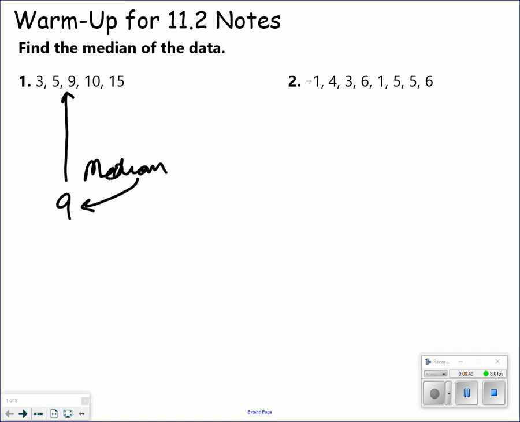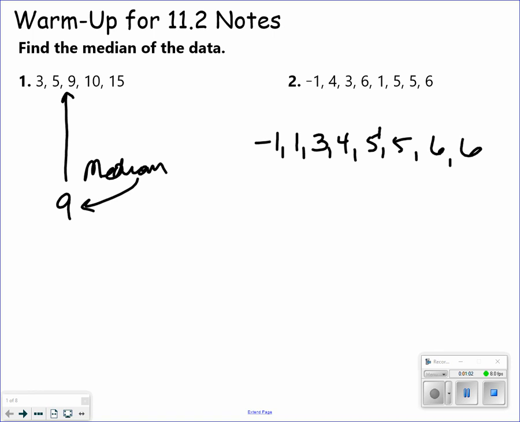Now, what happens if there's an even amount of numbers? And these are not written in order, so I need to go back through this. -1, 1, 3, 4, 2 5s, and 2 6s. So now there's 8 values. So again, the number in the middle now is going to be in between.